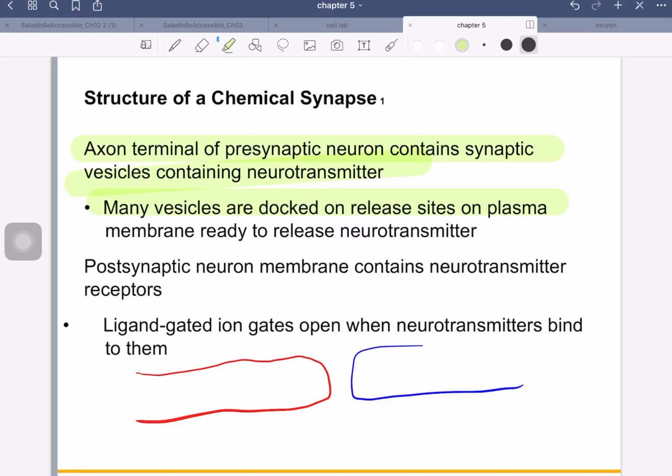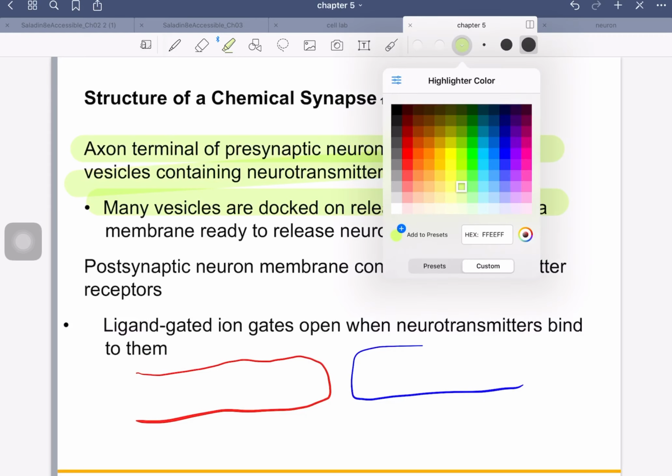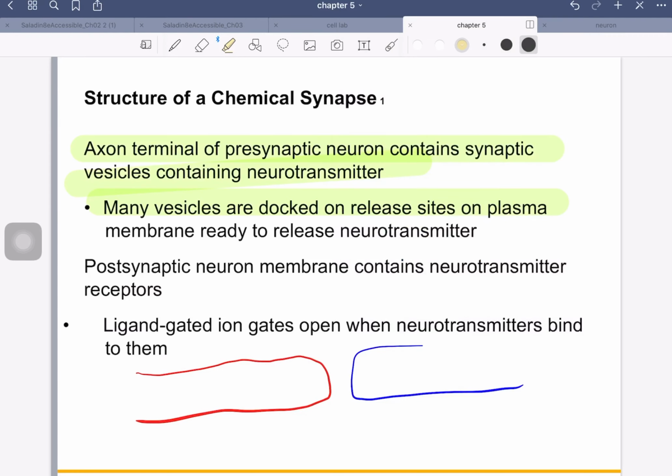And as I said, the postsynaptic neuron will have appropriate receptors for that neurotransmitter. And because we're talking about neurotransmitter binding onto a gate, we're looking at ligand gates.